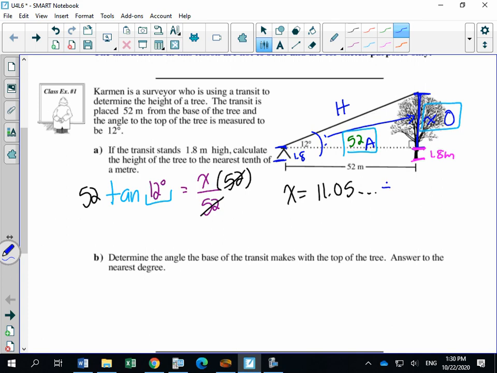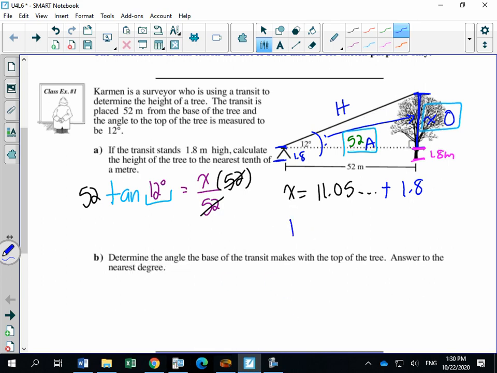And then to that number, Cohen, what do I need to add? 1.8. However height, whatever height the transit was. And then, actually, I'm not even going to call this x, right?